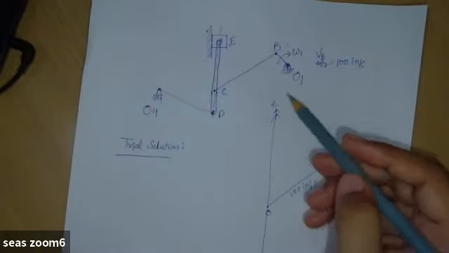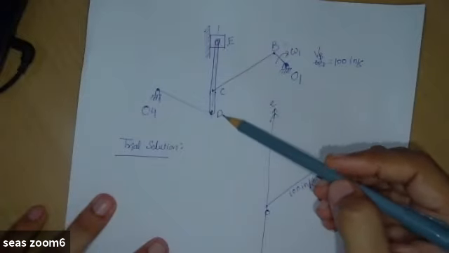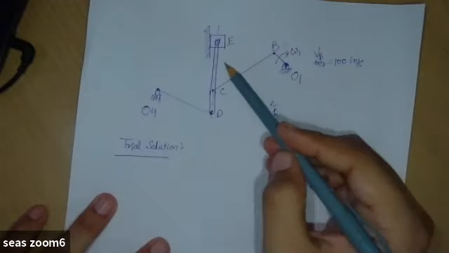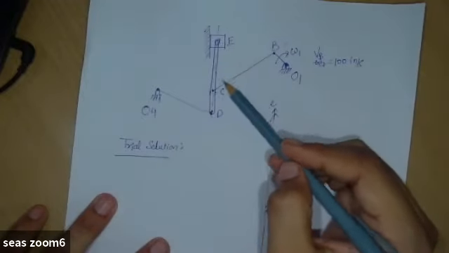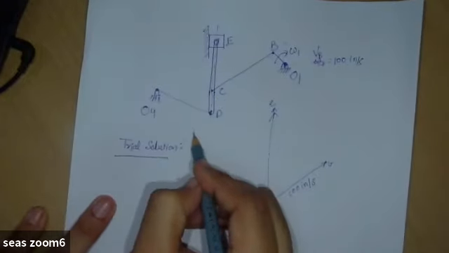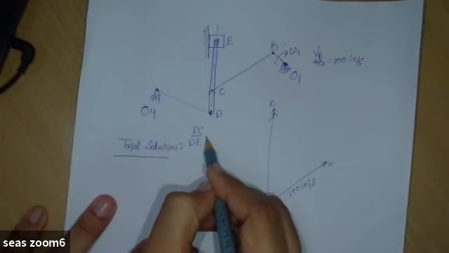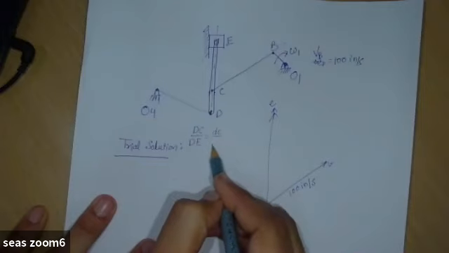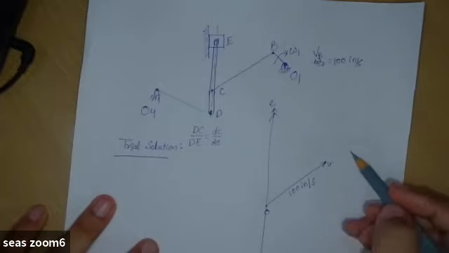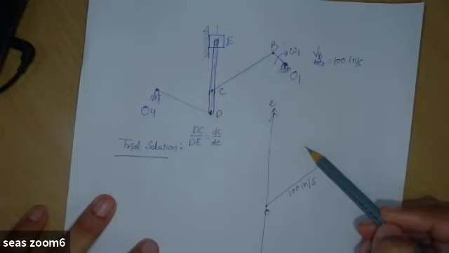We also know that E, C, and D must lie in a single line, and their dimensional proportion should remain on the velocity image, which actually means that DC by DE must be equal to dc by de on the velocity image. Now let's try to find out where C will be on this velocity image.